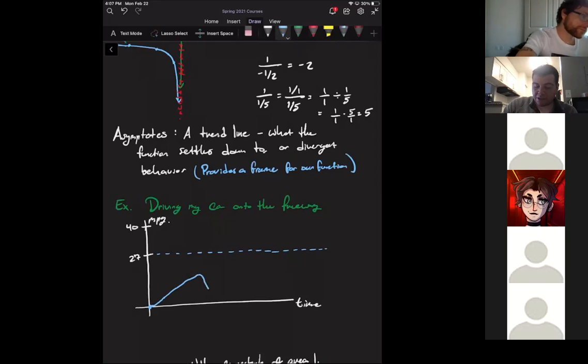Then maybe I get stopped at a stop sign, so it goes back down to 0. To get to the freeway, I have to drive down a pretty large hill, so my gas mileage spikes way up. Then it comes down as I slow down to get on the freeway, and then it starts to level off around 27, as I just cruise on the freeway.